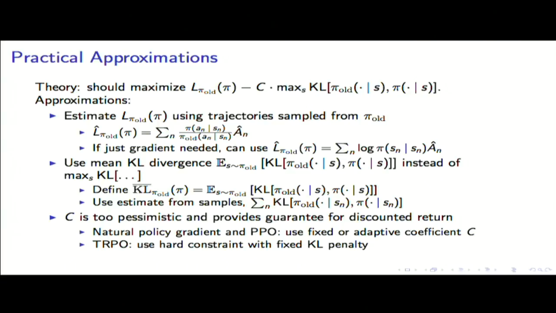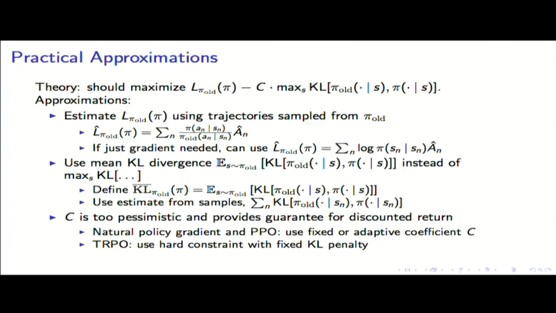And it turns out that if you do a lot of different things, it points in the same direction, which is to use the mean KL divergence. Another justification is that you can look at the KL divergence between the trajectory distribution of the old policy and the trajectory distribution of the new policy. The KL divergence between the trajectory distributions is just the sum of the KL divergences at each time step. So that's another way of getting it. But yeah, it's not totally justified.